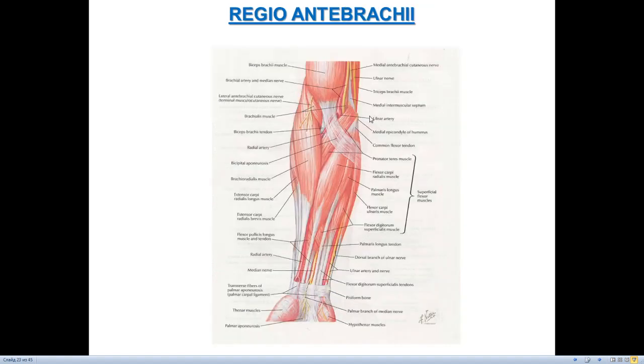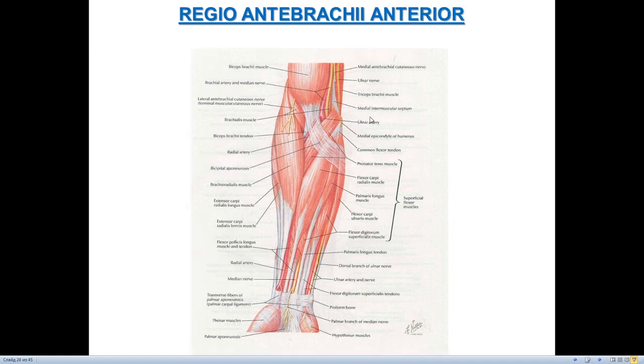Forearm can be divided into the anterior and posterior. Anterior forearm.